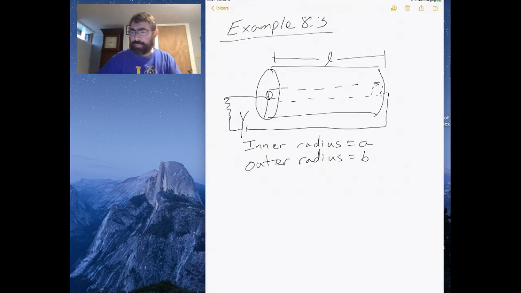The battery has a potential of V. The resistor has a value of R. So the battery is now going to push charge through the coaxial cable, and a current is going to flow down the inner conductor and then wrap around on the outer conductor, like so.